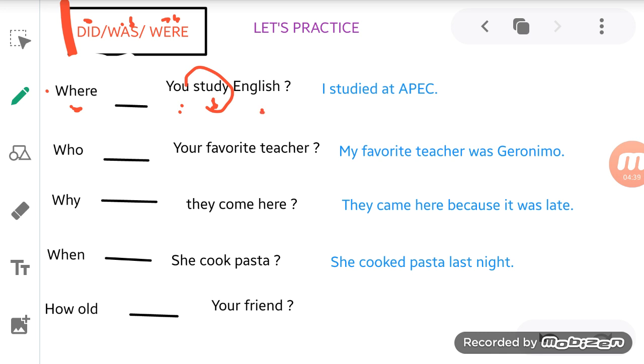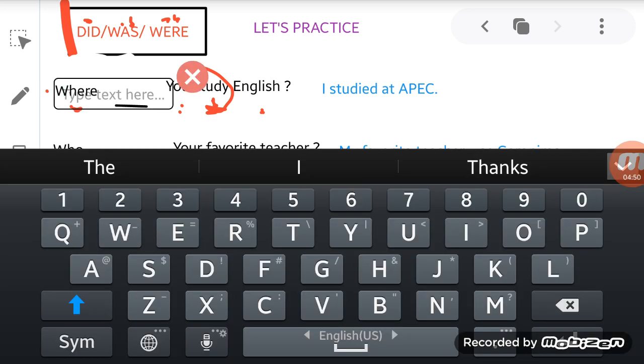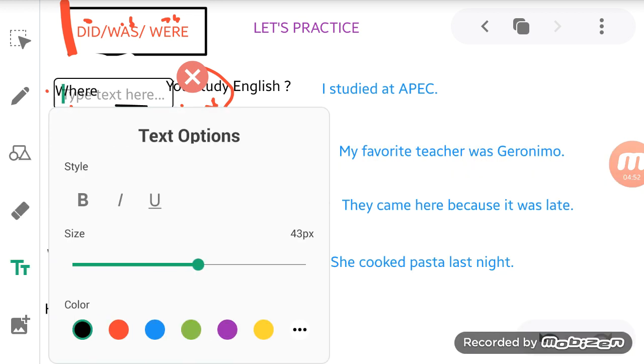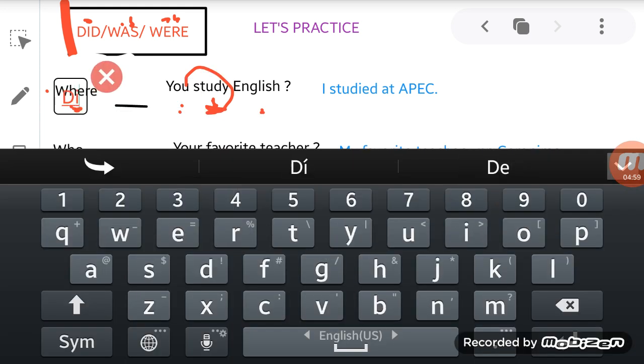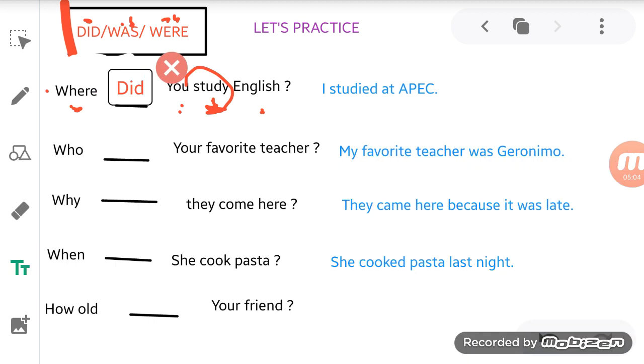And this element is the complement. So when you have a verb, you need the auxiliary did. So let's see. Where did you study? Where did you study English?